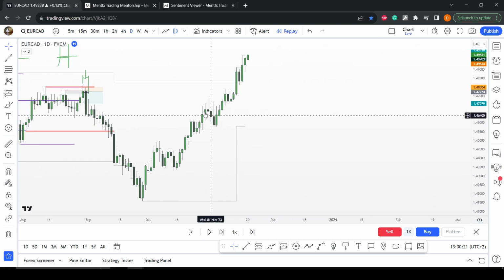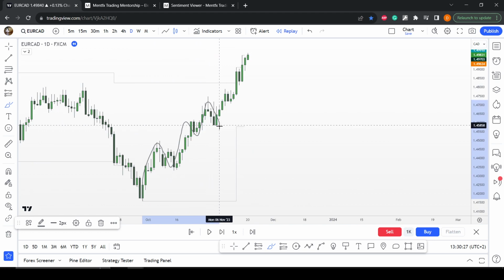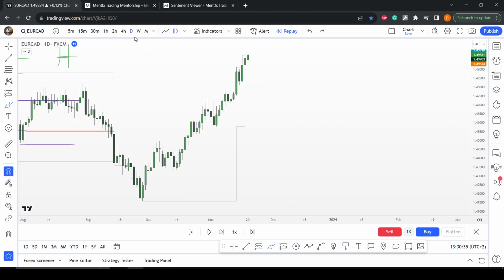So on daily, let me just clean it up. On daily, we have just a classical upward moving structure with this really nice ICI. Then one more impulse correction and impulse in the development on daily.